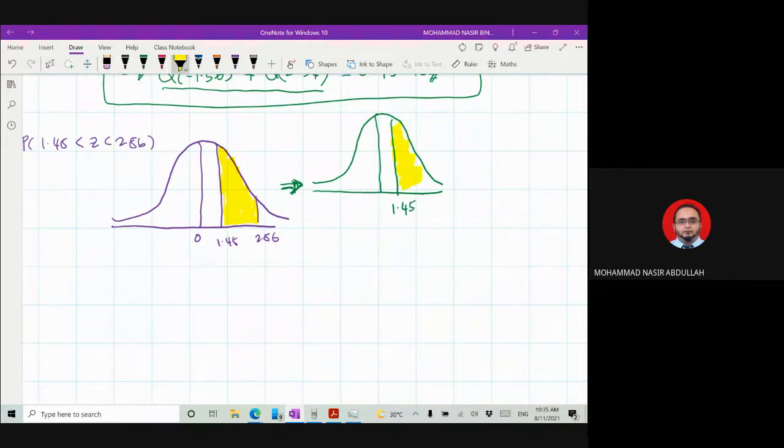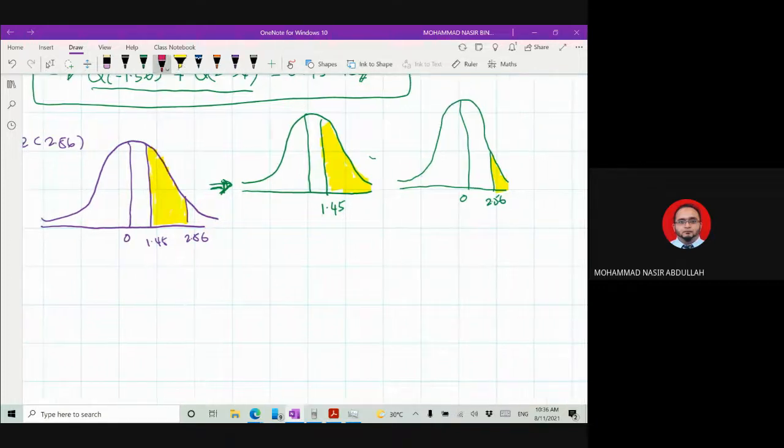The whole area minus the area 2.56 to the right. Then we will get the area between 1.45 and 2.56.